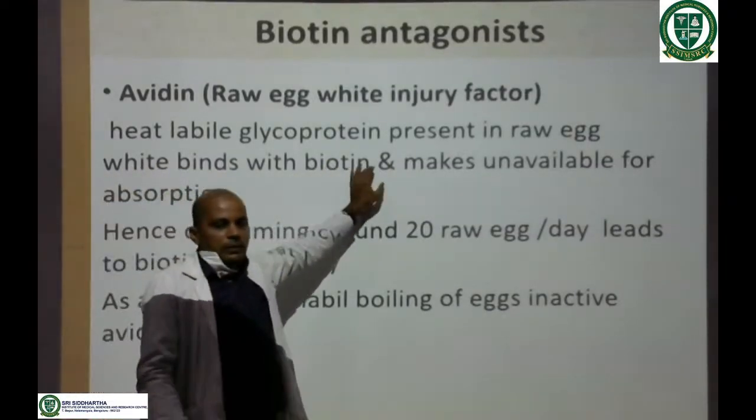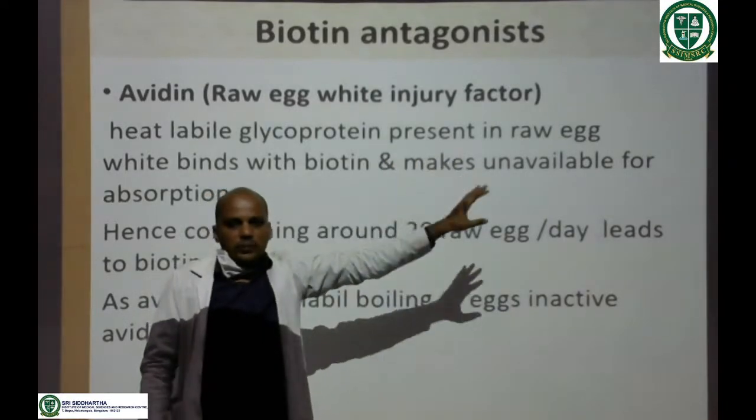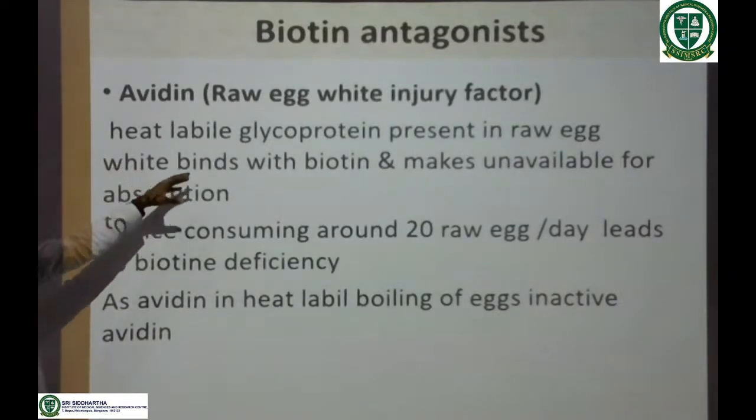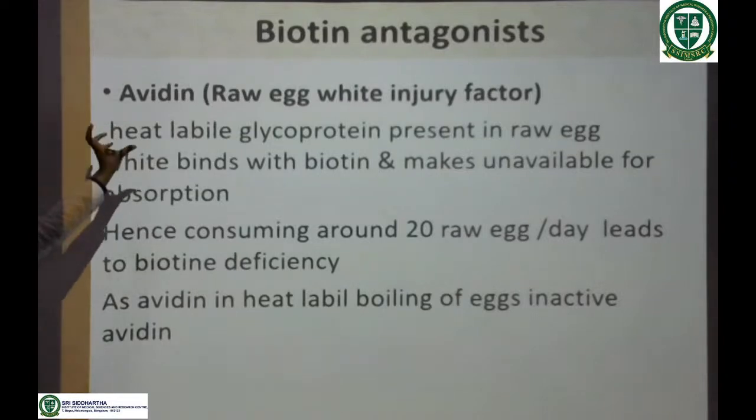When it binds to biotin, this makes it unavailable for absorption. Avidin is a glycoprotein present in the egg white. Consumption of raw egg or egg white leads to binding of biotin to avidin, making biotin unavailable for absorption.